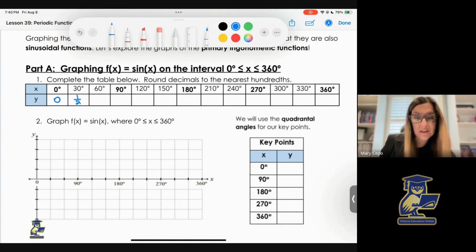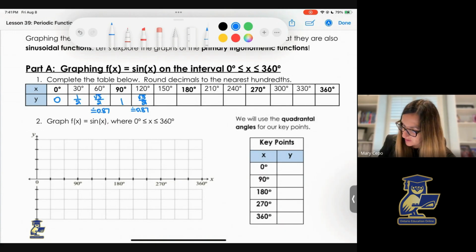We know this because these are special triangles. Sine of 60 is root 3 over 2. Because we're going to be graphing it, I'm going to put an approximate 0.87. Sine of 90, we know is 1. Sine of 120 is root 3 over 2, which again is about 0.87.